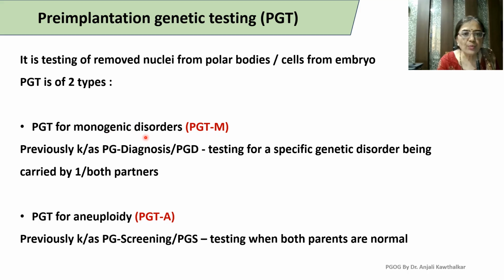This is testing for a specific genetic disorder being carried by one or both partners. On the other hand, if we test in general for aneuploidy, that is called PGT-A. It was previously called pre-implantation genetic screening, where the testing is done when both the parents are genetically normal.